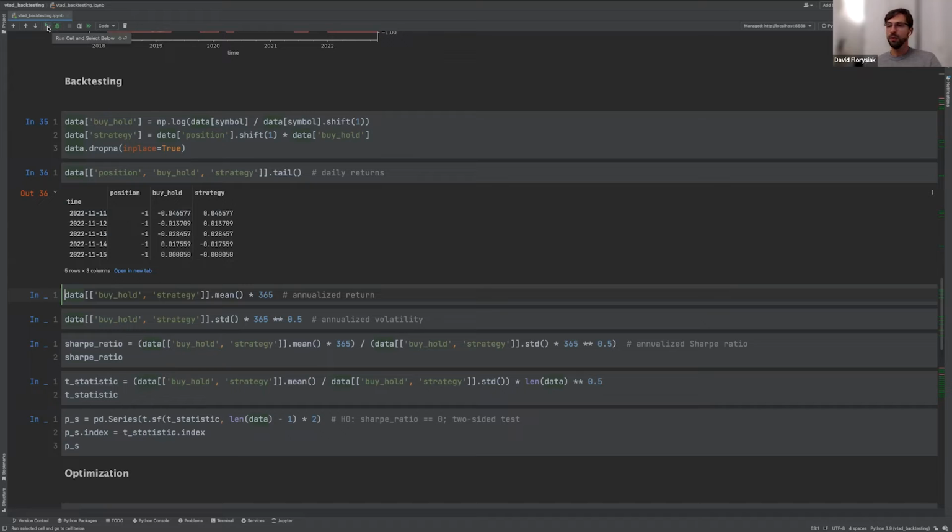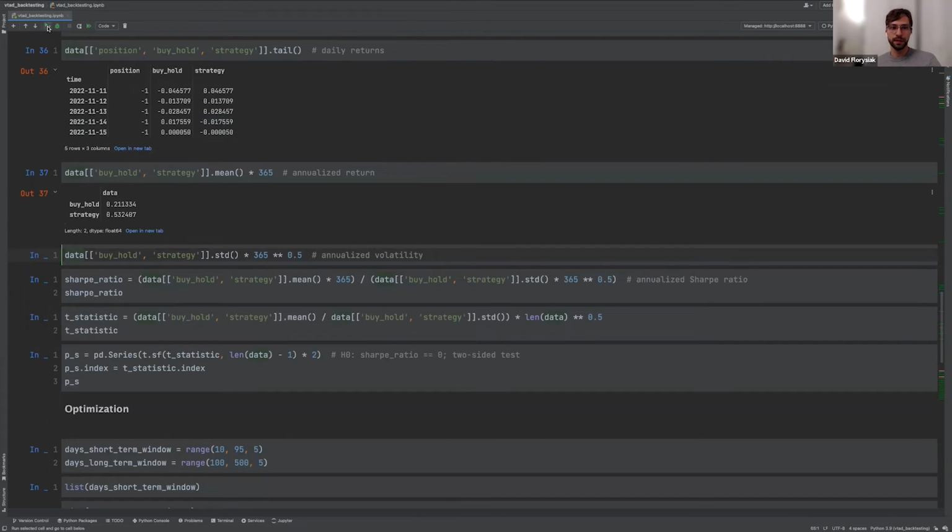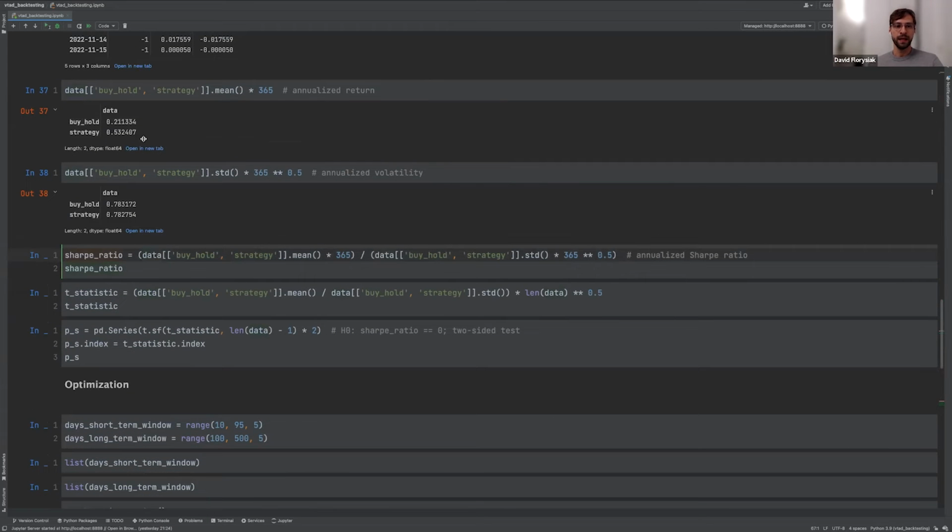So if we invested either buy and hold or this simple moving average strategy, for the sample that we look at, this would result in an annualized return of 21% for the buy and hold strategy and 53% for the simple moving average strategy. The annualized volatility would be 70.8%.